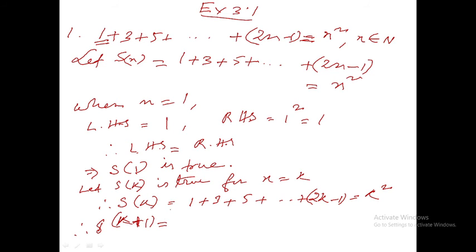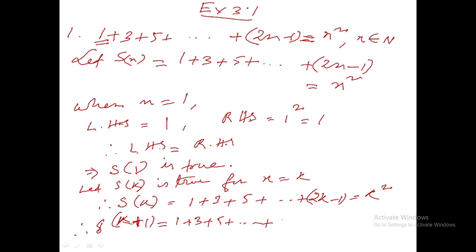We shall get 1 plus 3 plus 5 plus dot dot dot. If I put here k plus 1, then 2 into (k plus 1) will be 2k plus 2 minus 1. So what you'll get?